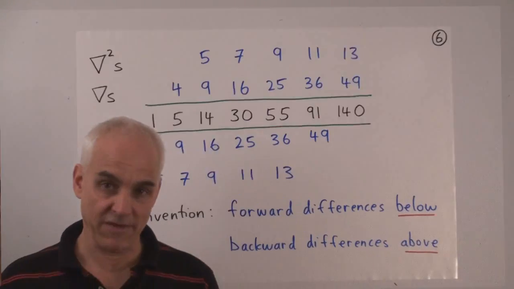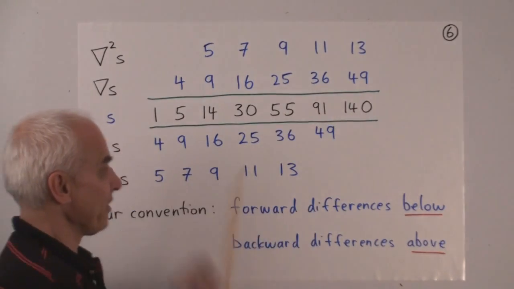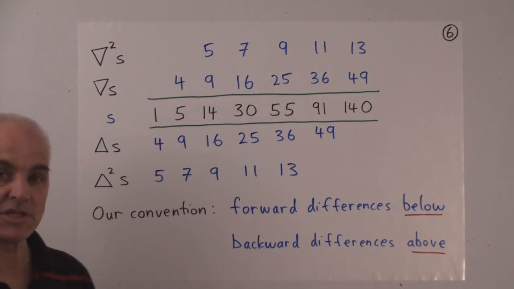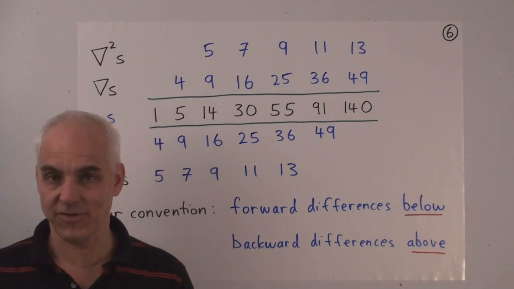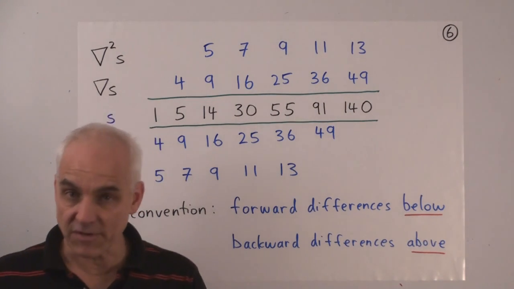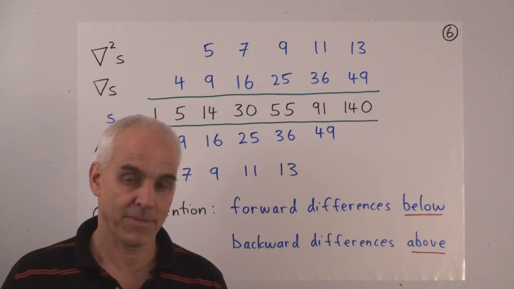So suppose that we're given our sequence, perhaps the sequence of square pyramidal numbers there. And we want to analyze that sequence by taking successive differences. We have 2 possible approaches. We can take forward differences, or we can take backward differences.